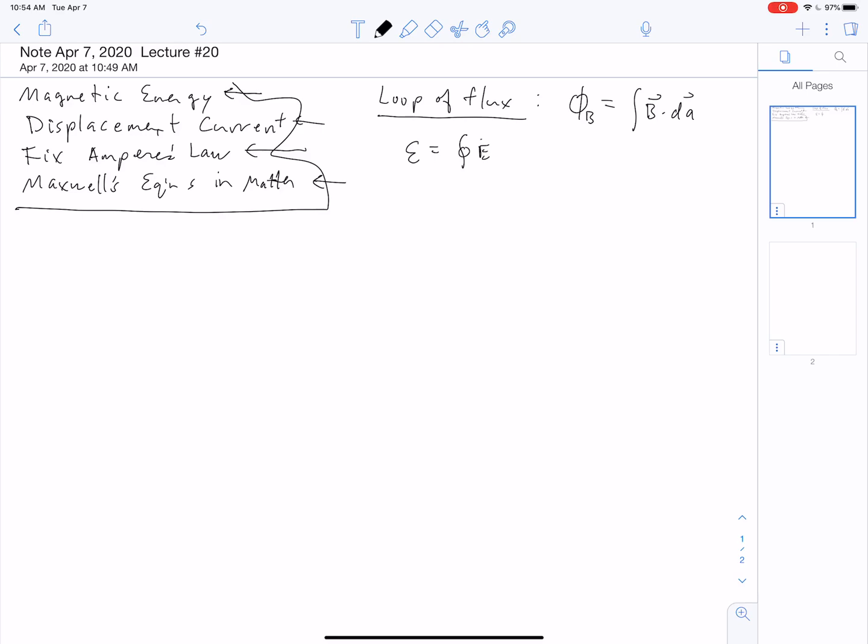So we were talking about EMF and how that develops if I have a changing flux. So we know that.